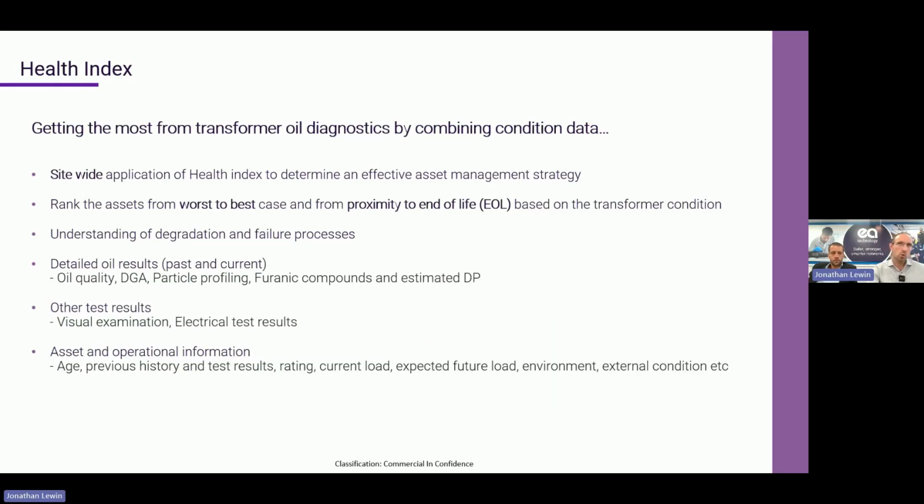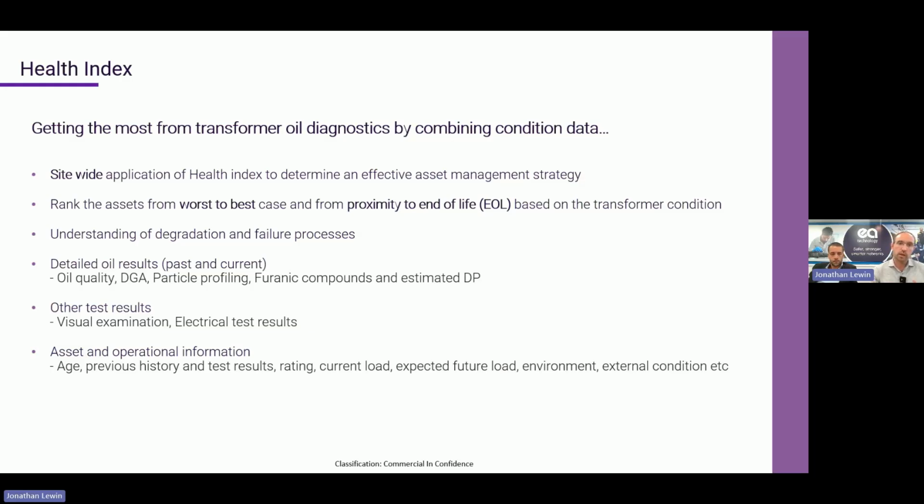So essentially, to get the most out of that data, you're not just looking at an asset in isolation, you start looking at it from a site-wide program. You look across the base, you look at all the assets at a particular facility or location or area, and start to understand the health in relation to each other.